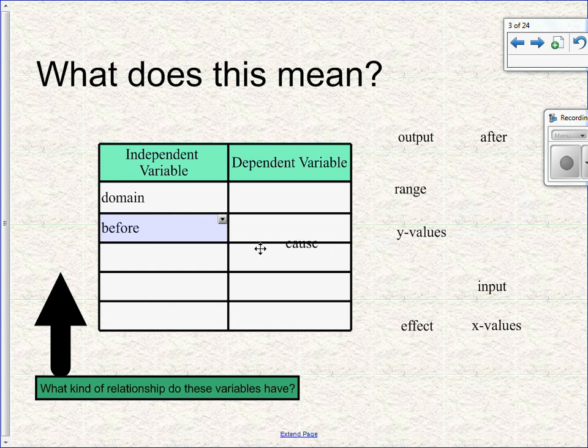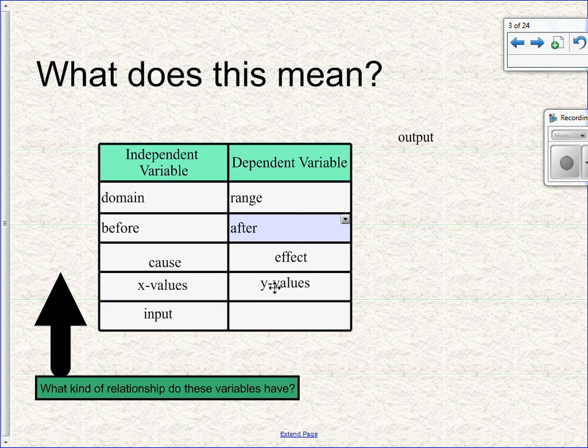X values. If I have a domain, the other one is going to be range. Range is our dependent variable. Before is after. Cause, effect. X values, Y values, input, output.